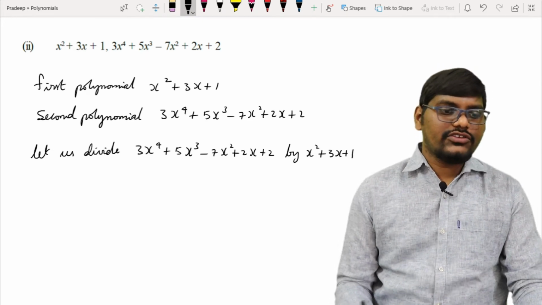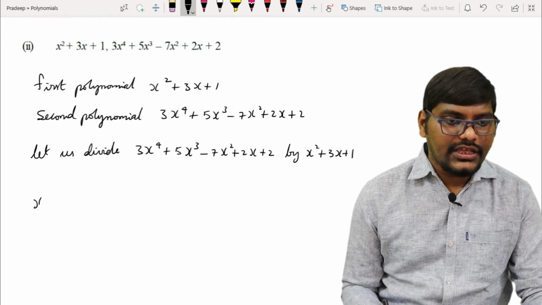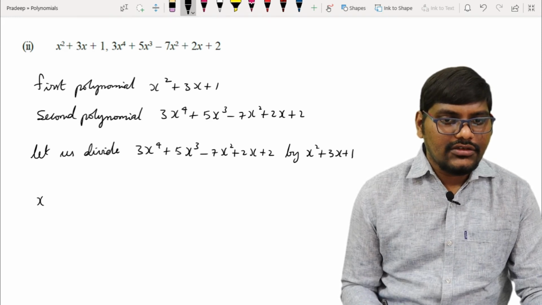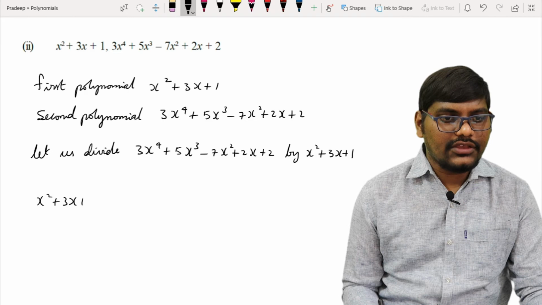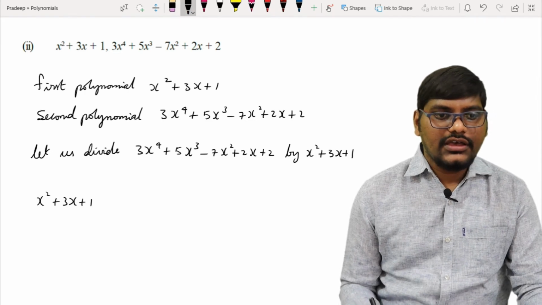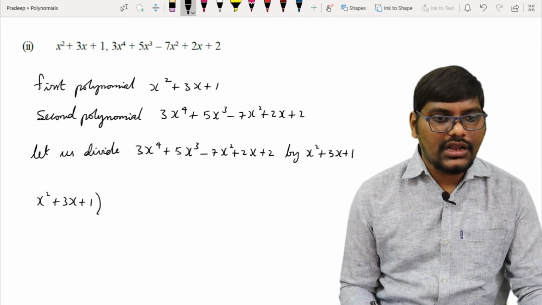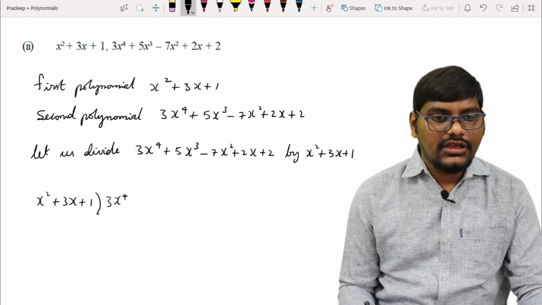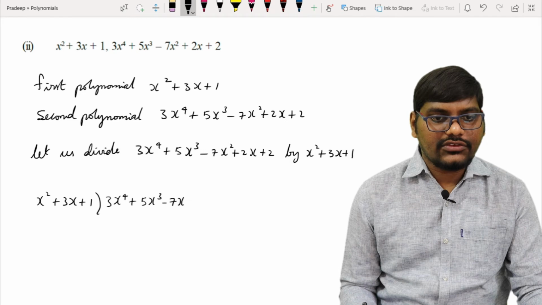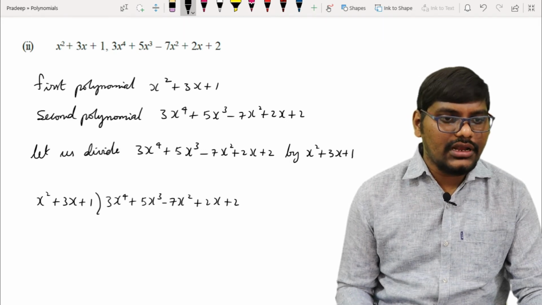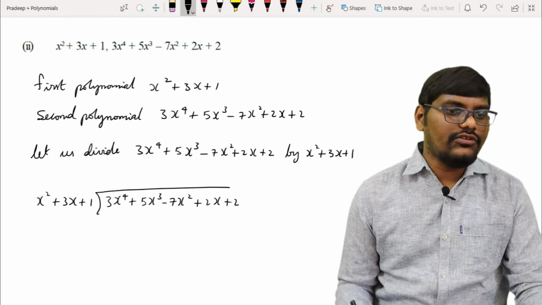So x square plus 3x plus 1 is one of the polynomials, and 3x power 4 plus 5x power 3 minus 7x square plus 2x plus 2 is the other polynomial. So we'll just solve it.